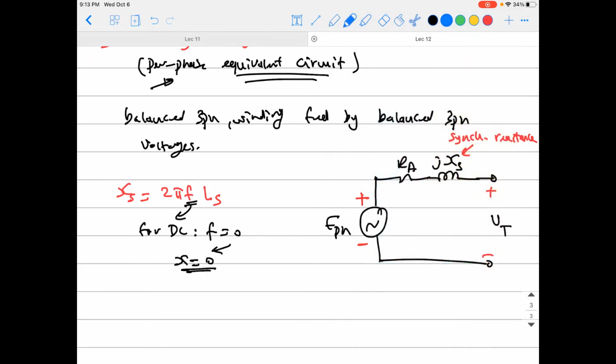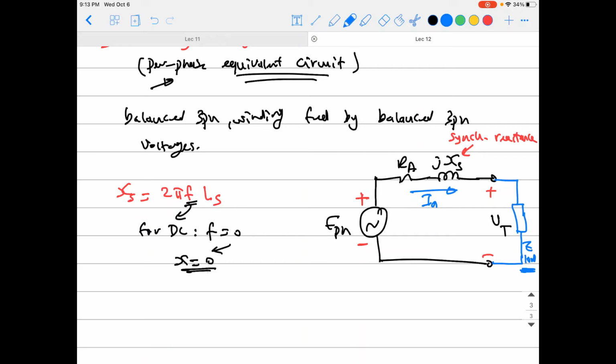So the current will be moving out of the machine like here. Okay, guys, and here we are connecting the load. I'm calling it Z load. Why? Because we're talking about AC. That is an impedance, Z, because it can have resistances, inductances, capacitances, whatever the load is.